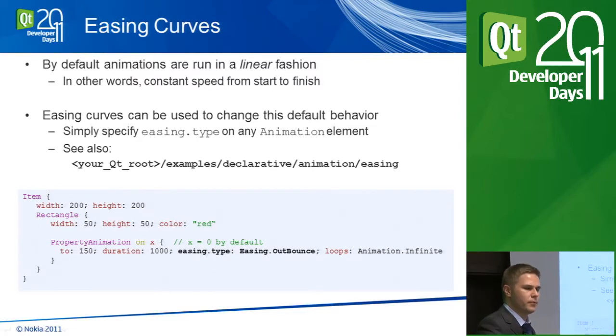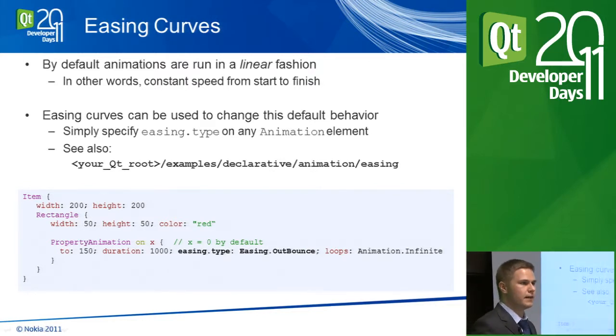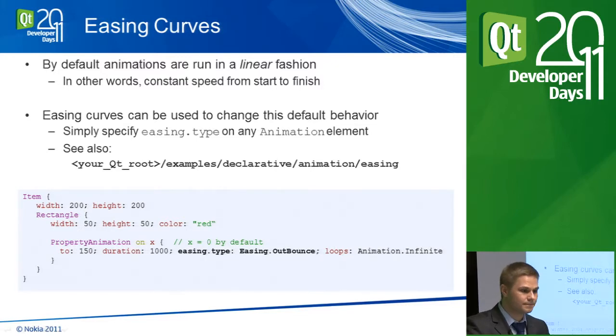In those examples, what you will find is an application that shows you different easings, and enables you to run a simple animation using different easings. And that really illustrates what the easings mean, how to use them. So go there, play around with the SDK examples, and you'll find it.